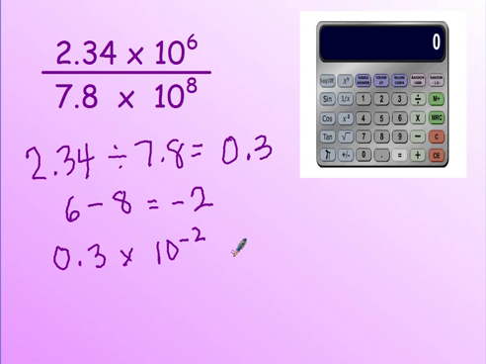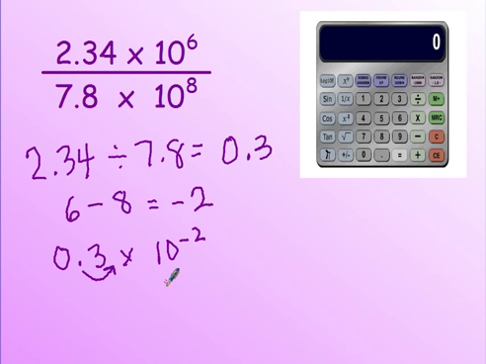Now this is not in proper scientific notation, so we have to do a little bit of adjusting. In this problem, in order to get scientific notation, now I'm going to have to move my decimal to the right to get it so that one non-zero number is in front or to the left of my decimal.